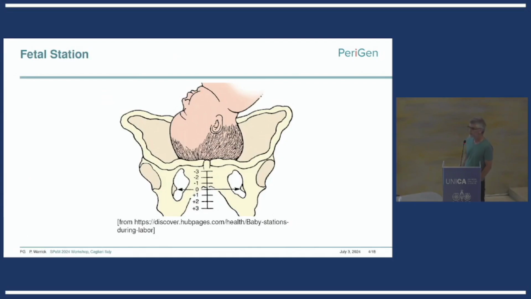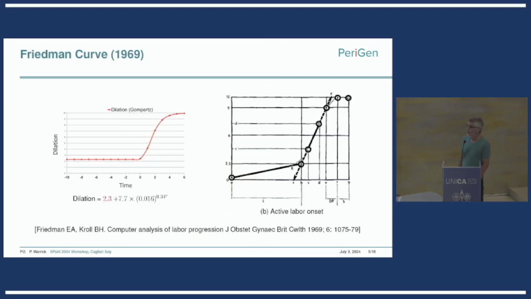Fetal station is measured with respect to certain landmarks in the pelvis, starting from -3 at the beginning and moving towards +3 towards the end. Most obstetricians will be familiar with this Friedman curve in their training.